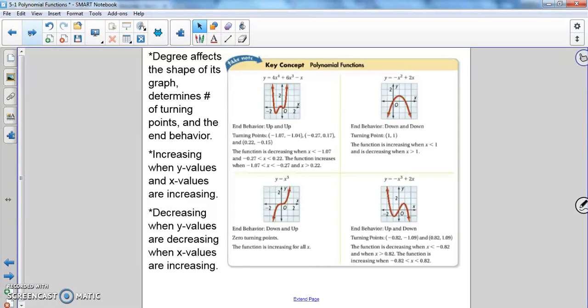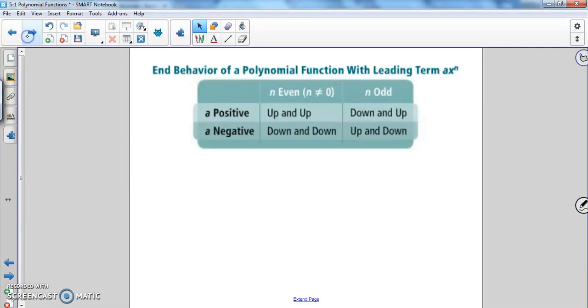So if you look at our 4 examples, we could have end behavior of both of our ends going up, both of our ends going down, one starting down and ending up, or one starting up and ending down. You can determine the end behavior of a polynomial function of degree n from the leading term ax to the n power of the standard form.